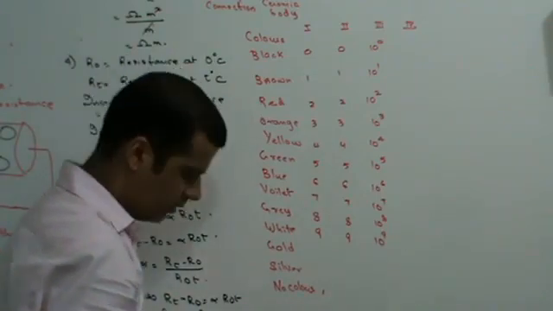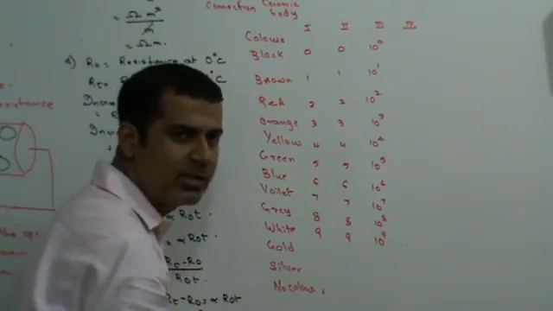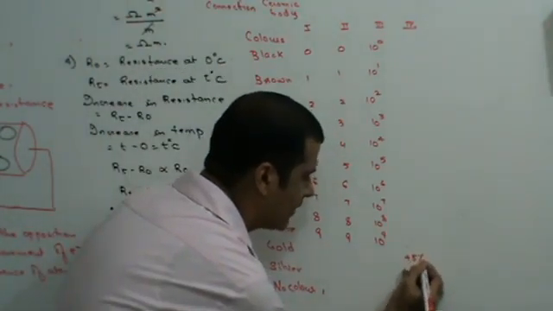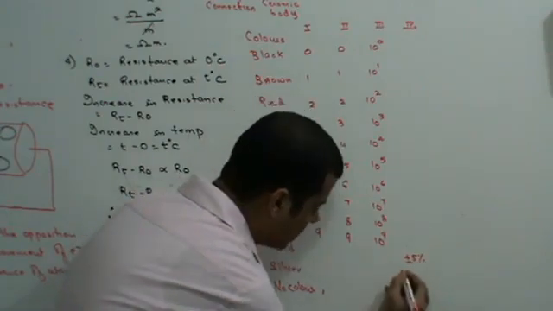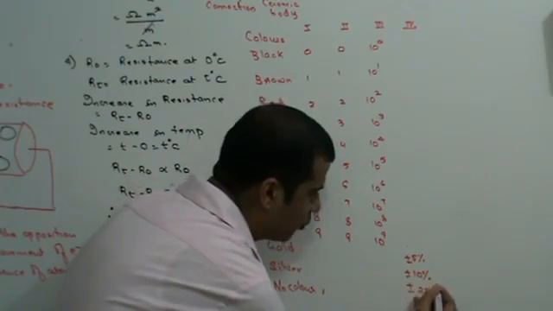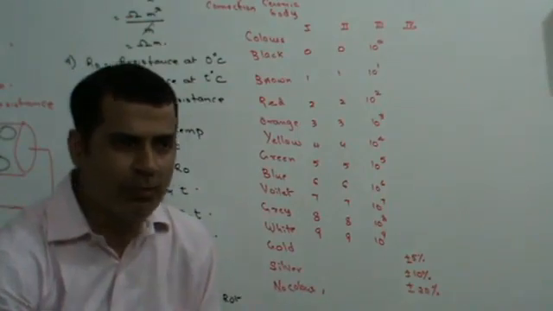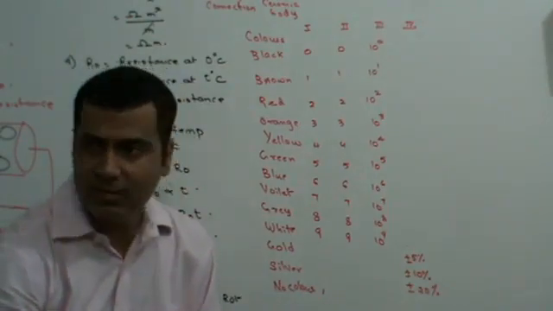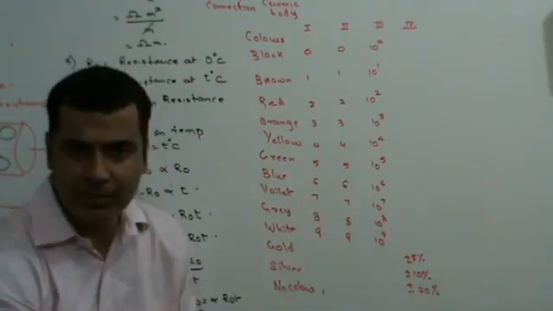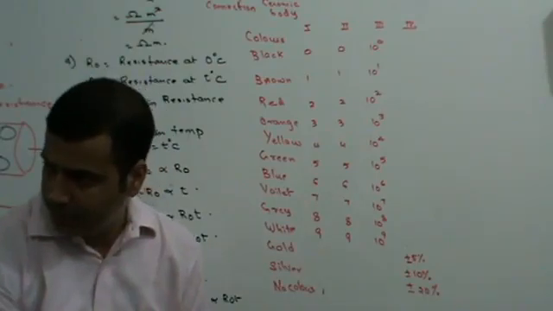Now, gold, silver and no color are given to the fourth band, which stands for plus minus 5% tolerance, plus minus 10% and plus minus 20%. This shows the extent to which the value of resistance is subject to change. So whatever you calculated, plus minus 5% it could be, right?